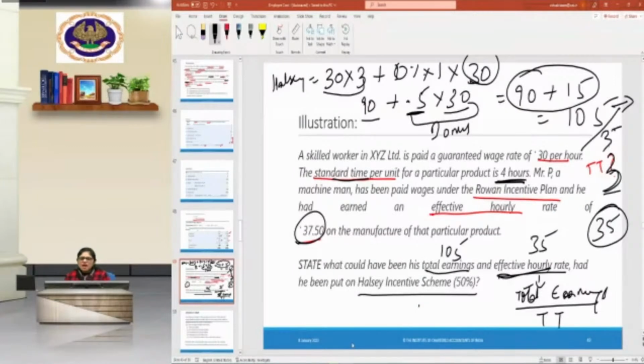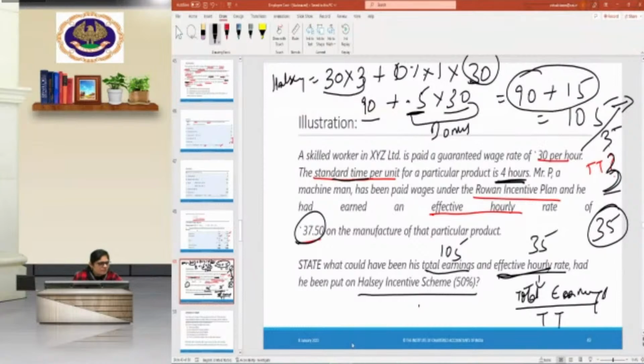Clear? This is how you calculate the effective hourly rate. Total earnings means basic wage plus bonus, everything which the worker is getting, total monetary payment, divided by the time taken. So this will give you the effective hourly rate. I hope you have understood.